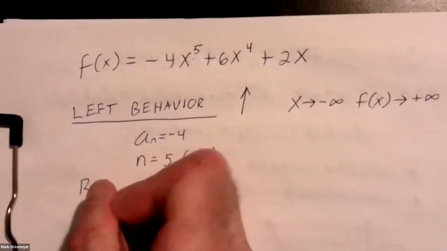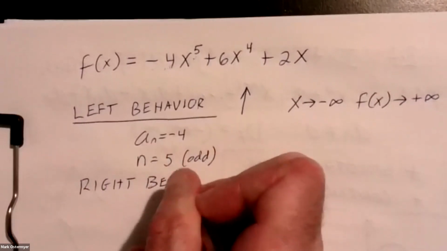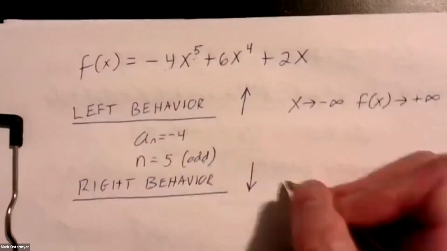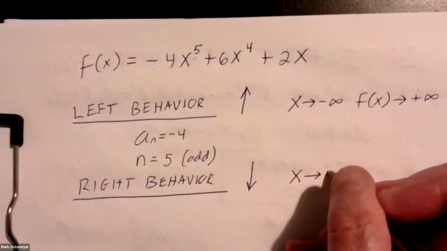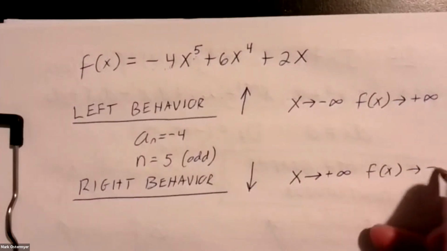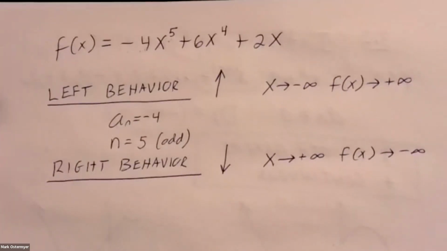The right behavior of this odd degree polynomial function would have the graph going downwards forever. And therefore, we say as x approaches positive infinity, f of x is approaching negative infinity. That's the right behavior. Anybody see that there?